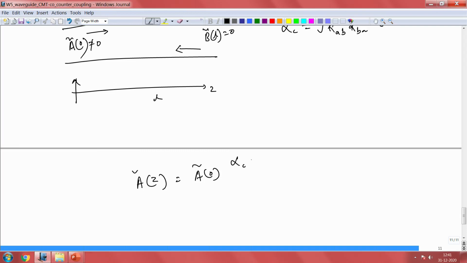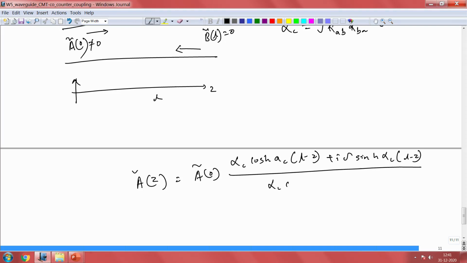Here it is going to be a little complex, but just stay with me. cosh alpha C (L minus z) plus i delta sinh alpha C (L minus z), the whole thing divided by alpha C cosh alpha C L plus i delta sinh alpha C L, times e to the power of i delta z.